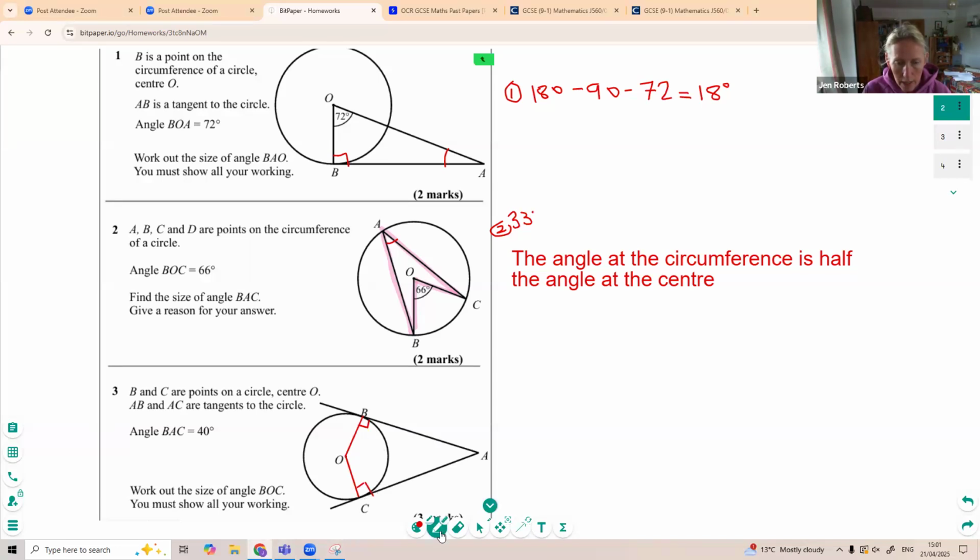We're told BAC is 40. You must show all your working. 360, because angles in a 4-sided shape, and we have a 4-sided shape here, add up to 360. Gives us this angle here of 140 degrees.